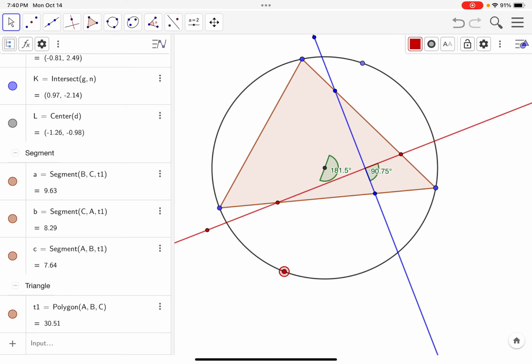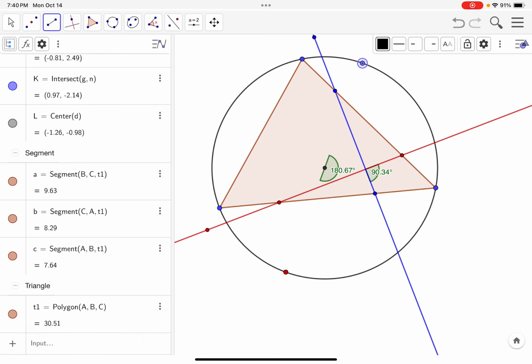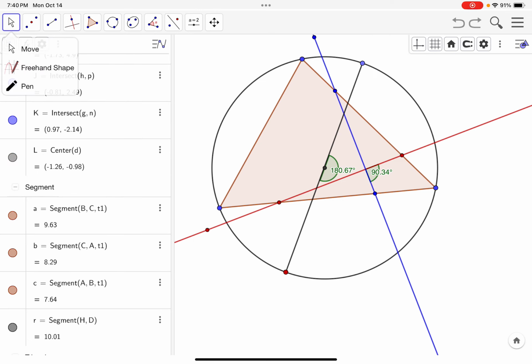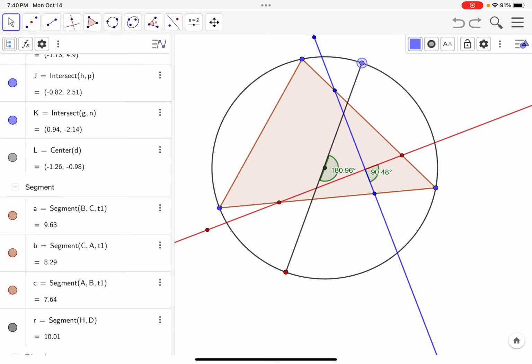One way to tell when they're diametrically opposed is to add a segment between the two, and when that segment goes through the center, then we know we're diametrically opposed or darn near to it.